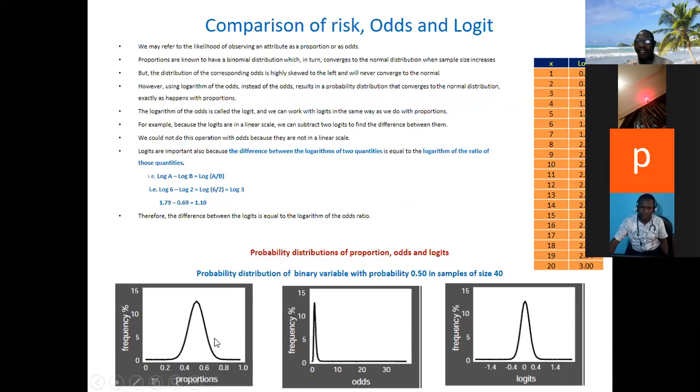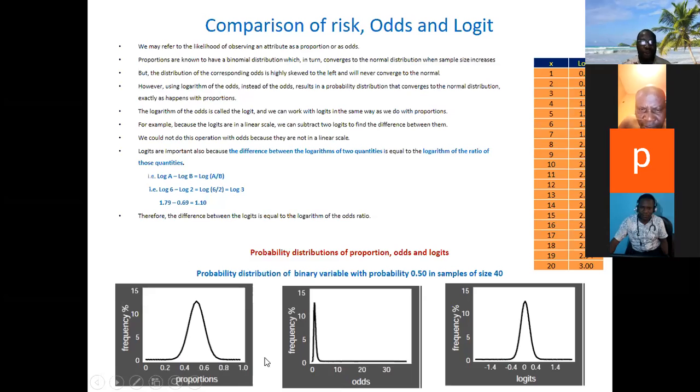This first slide is showing the distribution of prevalence. When you say prevalence, that is the proportion of something. If the prevalence of something is 30, the prevalence of not having it is 70. It follows a binomial distribution, so if you take samples many times and plot it, it approaches a normal distribution.